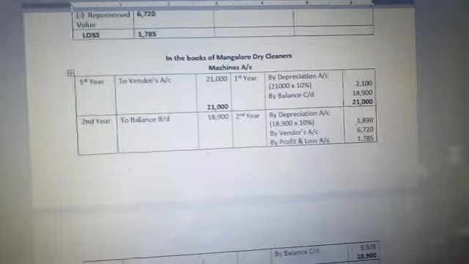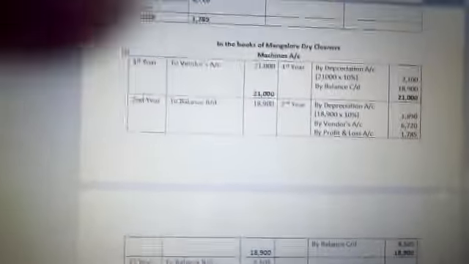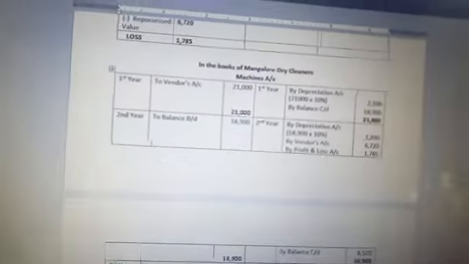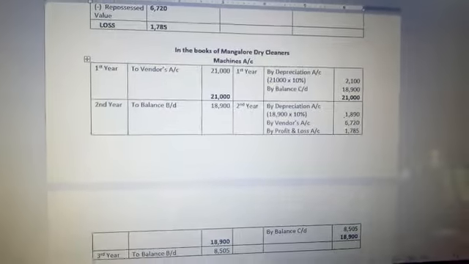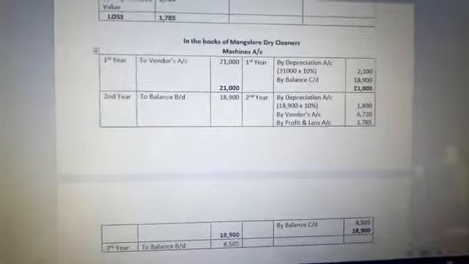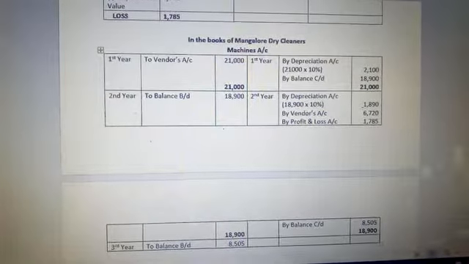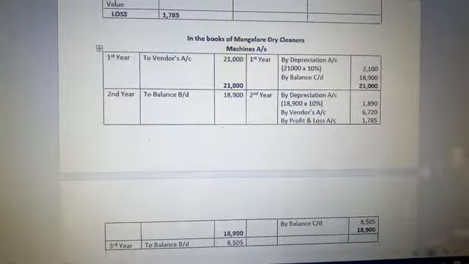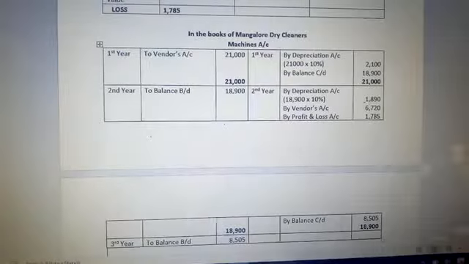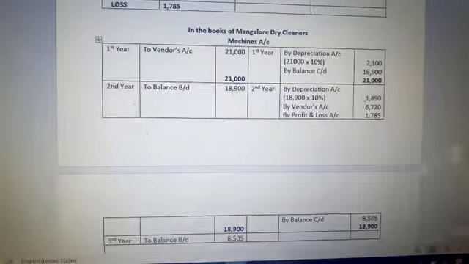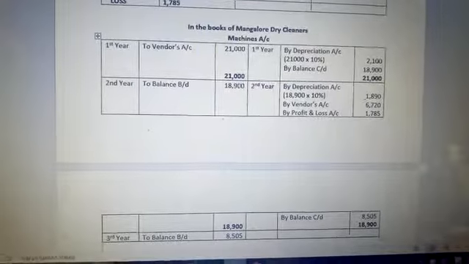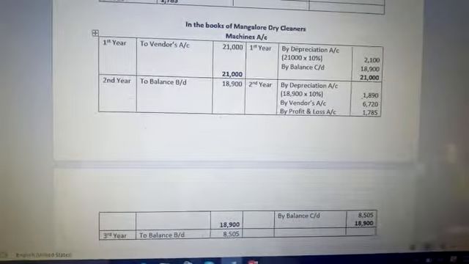Yes, in the books of Mangalore Dry Cleaners, first year. What was the first entry? On the date of purchase, we will pass two entries. First entry for transferring the entire cash price of the asset, and second entry for the down payment.